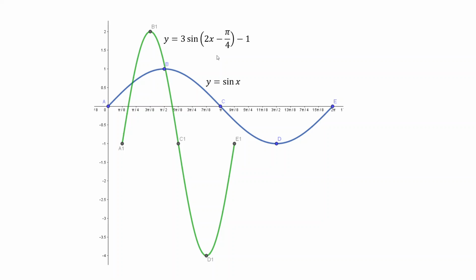We don't have to do any of that, right? We can still plot the graph accurately. That's the key. But we will talk about what is the impact of each one of those parameters, a, b, c, and d. Cool.